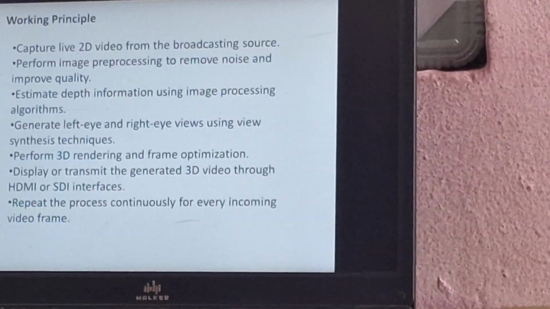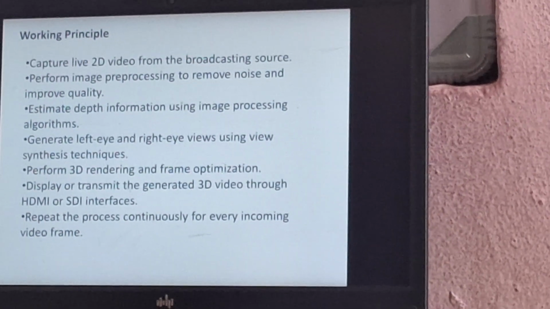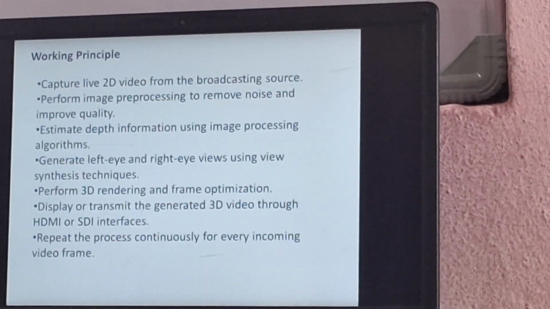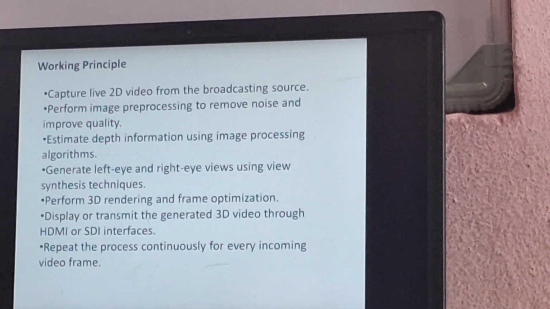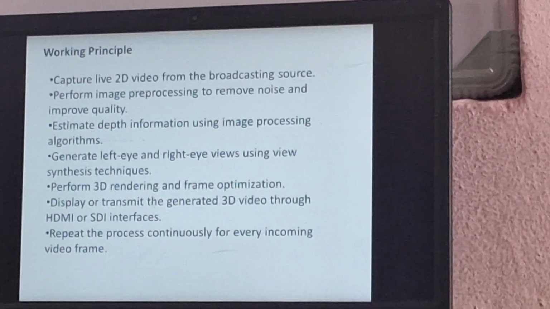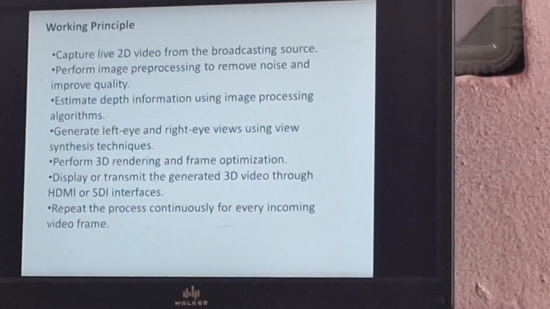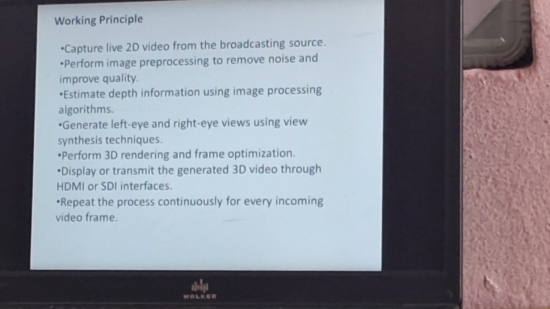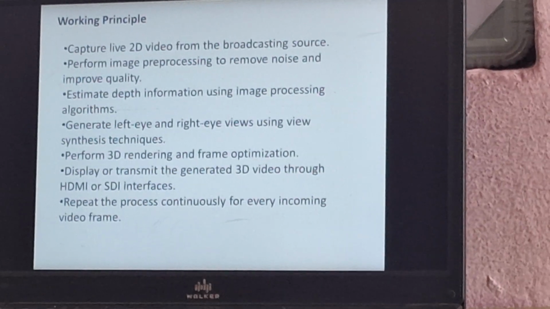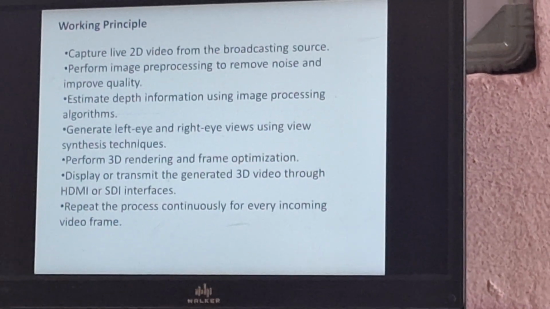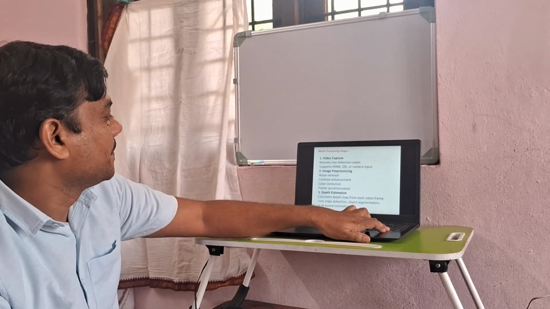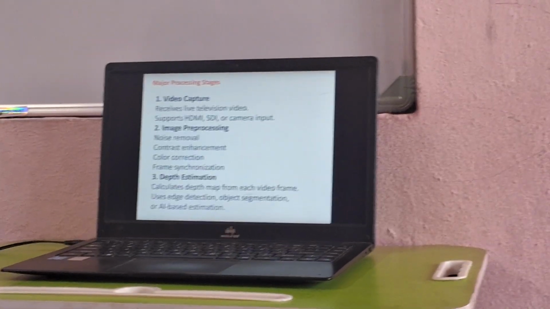Next, using view synthesis techniques, we calculate the left eye image view and right eye image view, and after that we perform 3D rendering and frame optimization. Next, we display and transmit the generated 3D video through HDMI or SDI interfaces, and these steps are repeated to get continuous output.